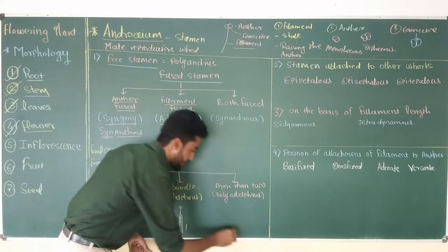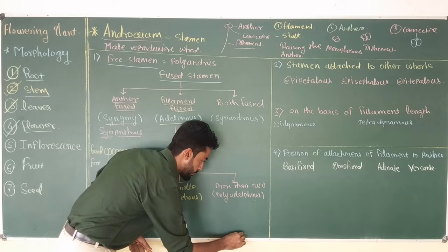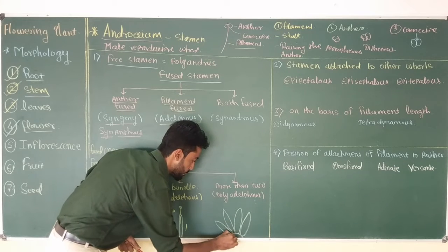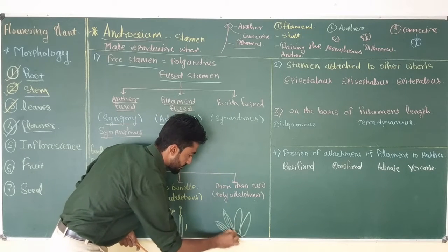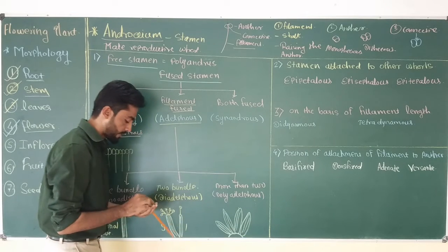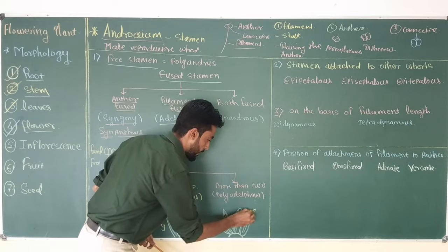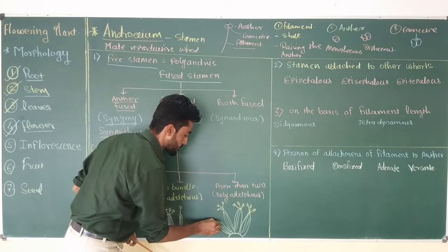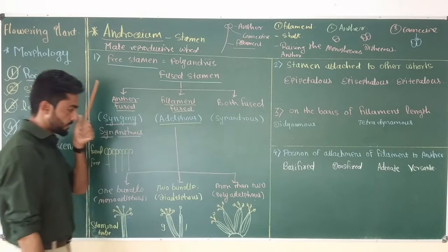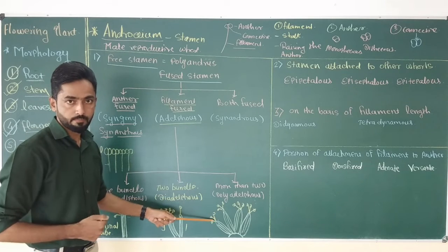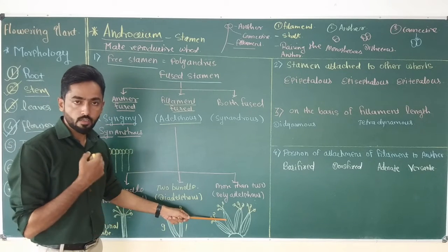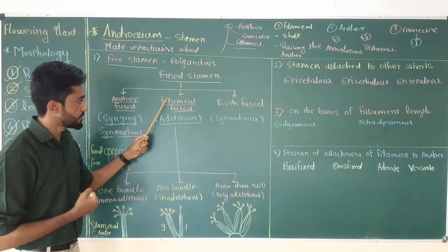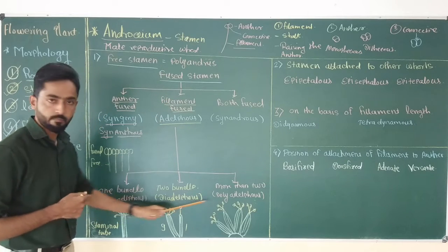Here you can see, if we observe the flower carefully, first bundle, second bundle, third, fourth, many bundles of filaments or staminal tubes are observed in this type of flower, and every bundle has anthers at the top. So it is called polyadelphous condition, in which more than 2 bundles of the filaments are present. Now, this is all about the adelphous condition, in which filaments are fused and anthers are free from one another.